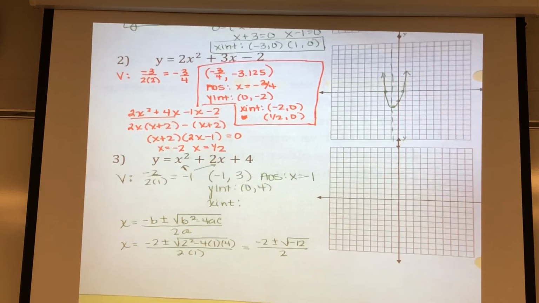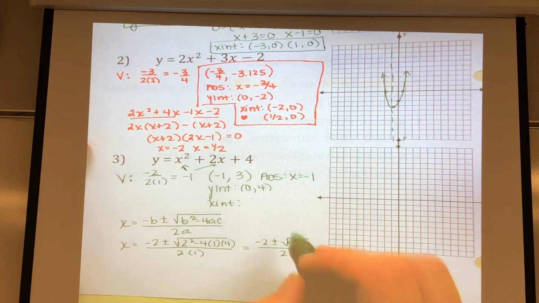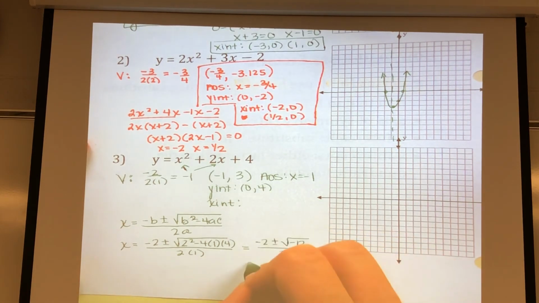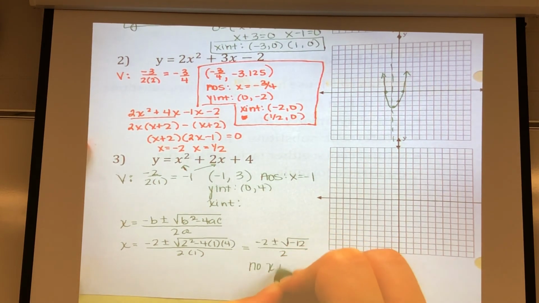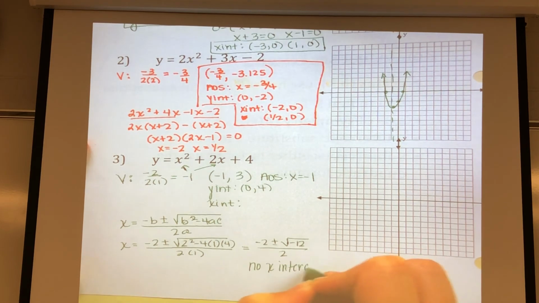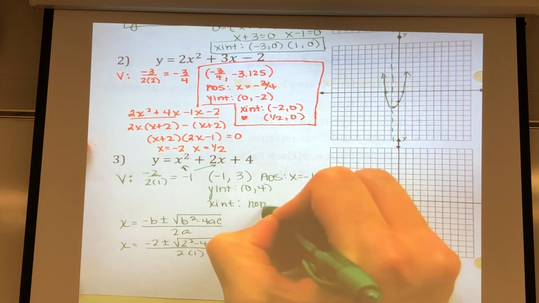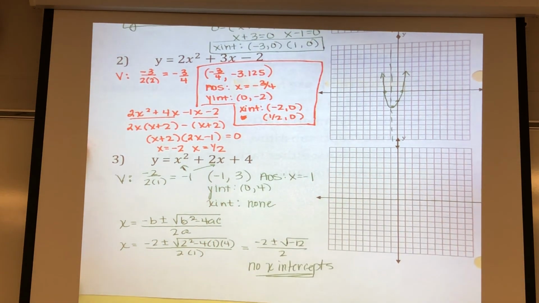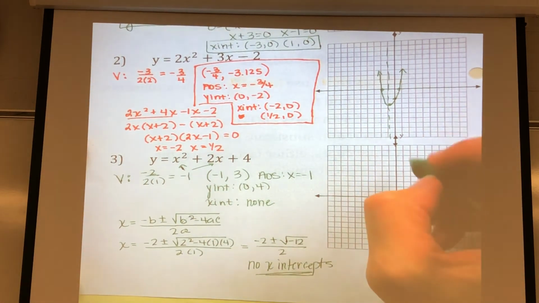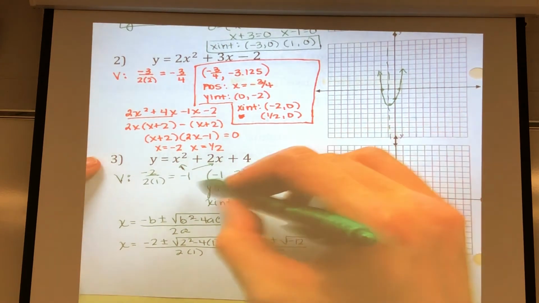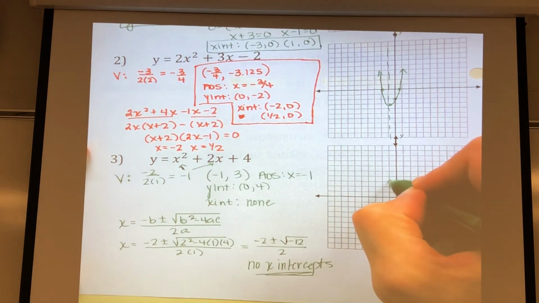We can't take the square root of a negative number. So that tells us that we have no x-intercepts. Okay, so this parabola doesn't have any at all. So x-intercepts, none.